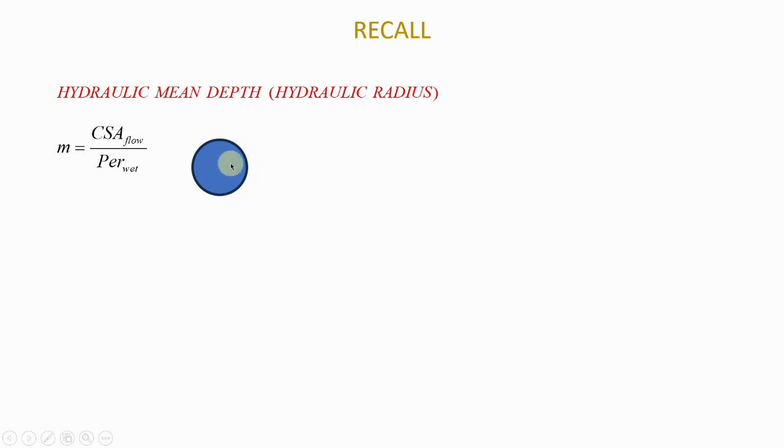As you can see, the pipe is filled with water. So if this pipe has a diameter d, finding the hydraulic mean depth will be finding, first of all, the cross-sectional area of the flow. Because the flow is completely filling the pipe, the flow will have the same cross-sectional area as the pipe. And then you will divide that by the wetted perimeter.